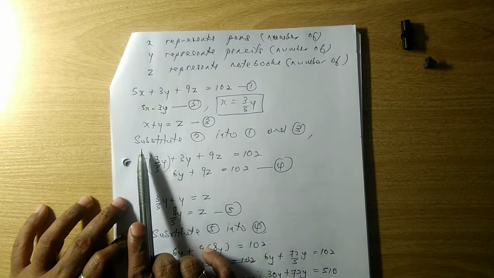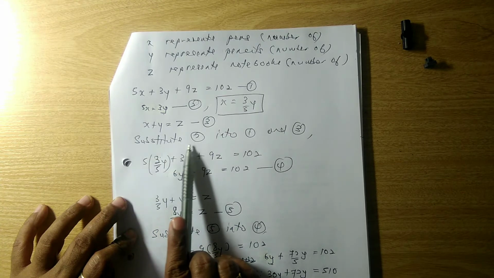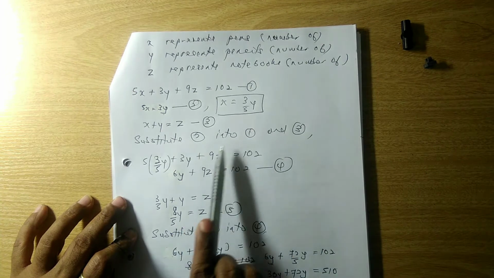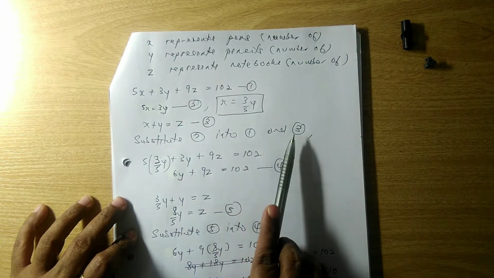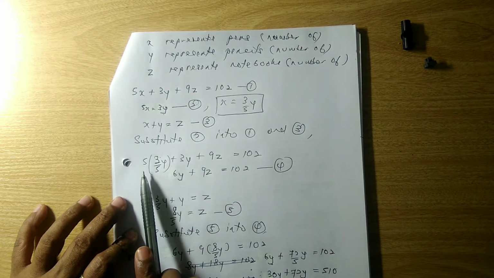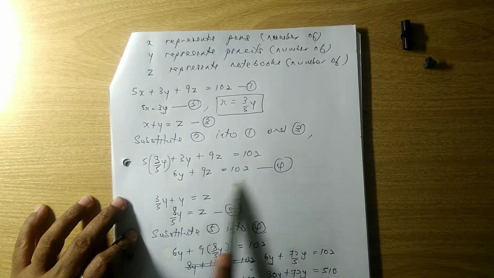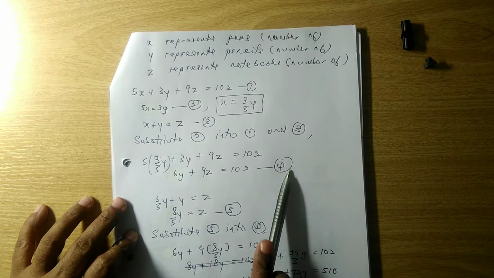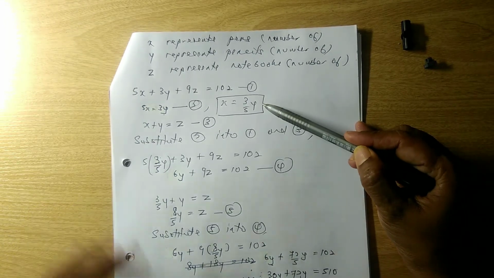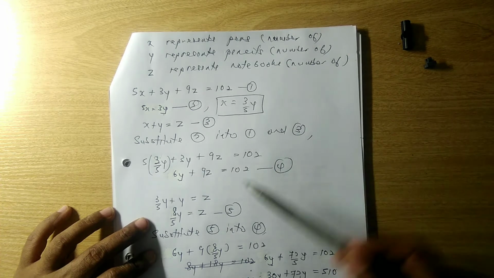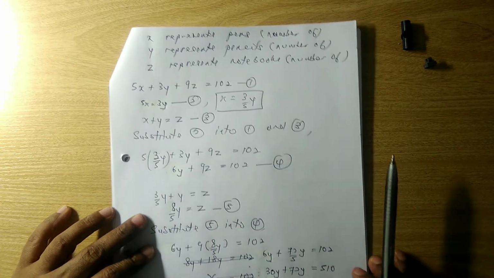I'm going to substitute x equals 3 over 5 y into my first and third equations. We sub into the first one, and I call this equation 4. Likewise, equation 2 sub into my third equation, and you get it in terms of this.